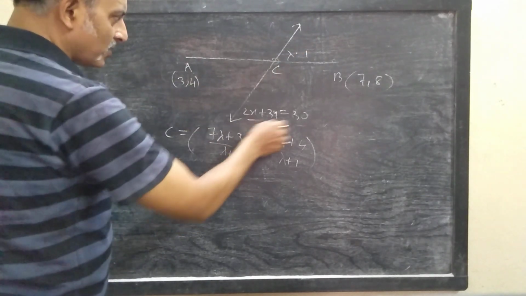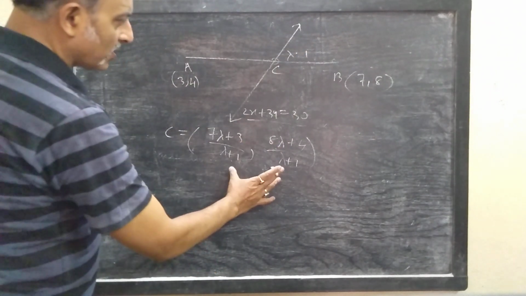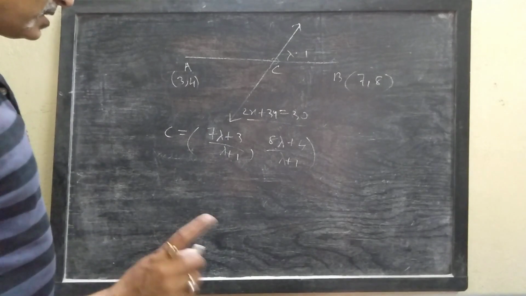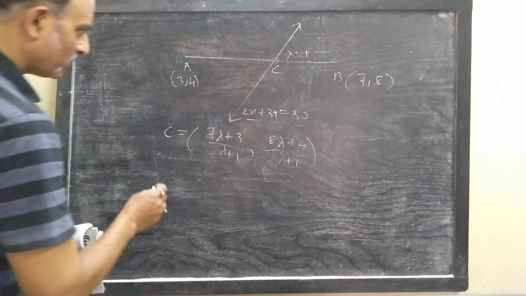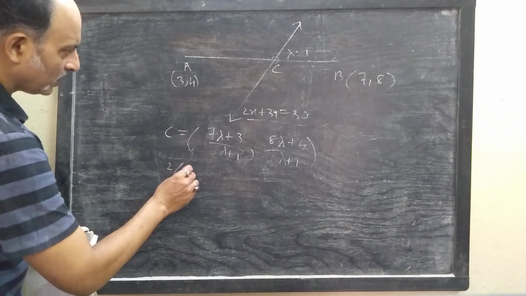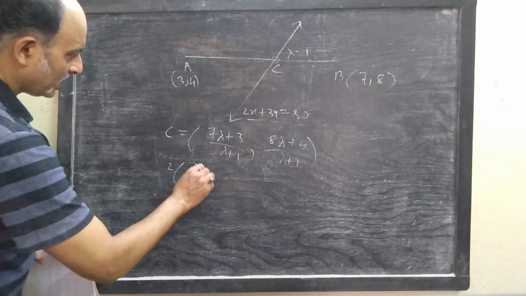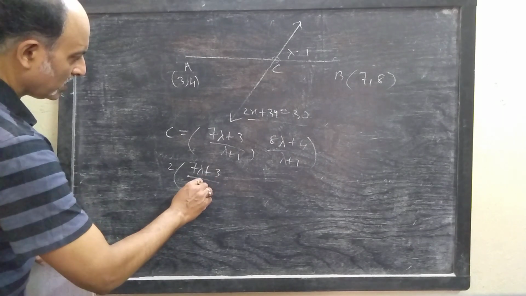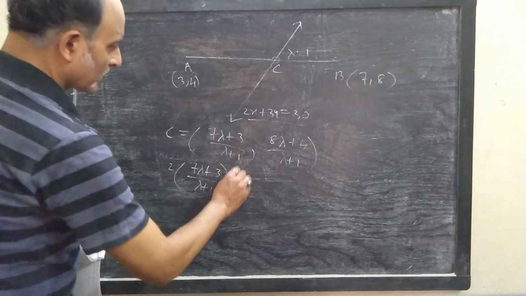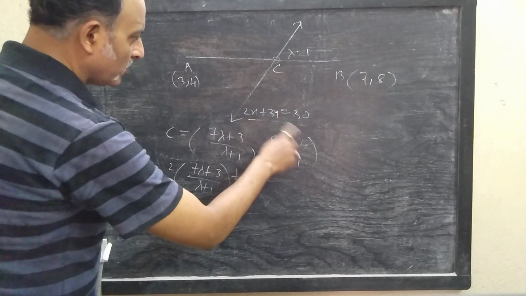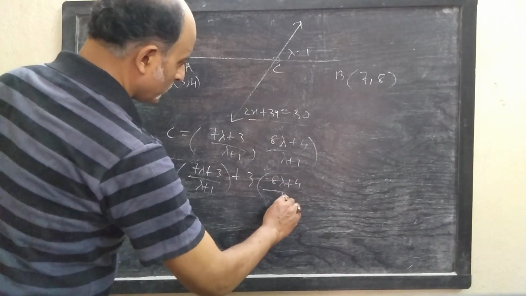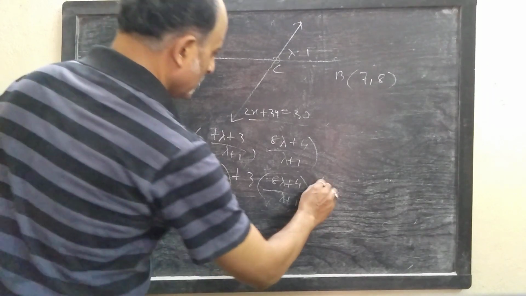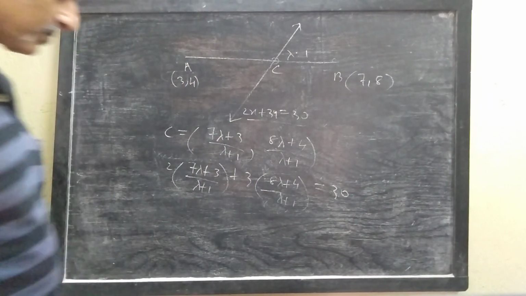Now C lies on this line, so its abscissa and ordinate satisfy this equation. So write down, as the point C lies on this straight line, therefore we must have 2 into value of x here, (7 lambda plus 3) by (lambda plus 1), plus 3 into value of y, (8 lambda plus 4) by (lambda plus 1), equals 30.